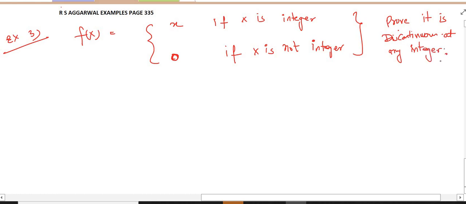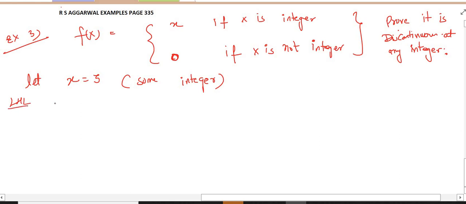At any general integer, it's very difficult to explain. Let me explain with one example and then we will make it general. So let x be equal to 3. This is some integer. Just for explaining purpose, I am taking some integer.